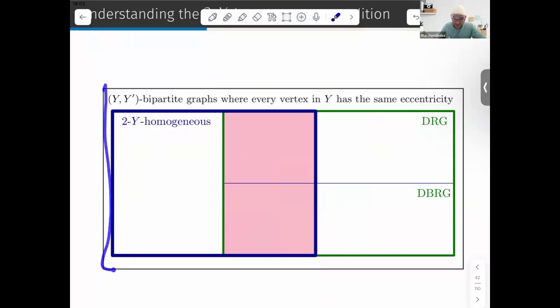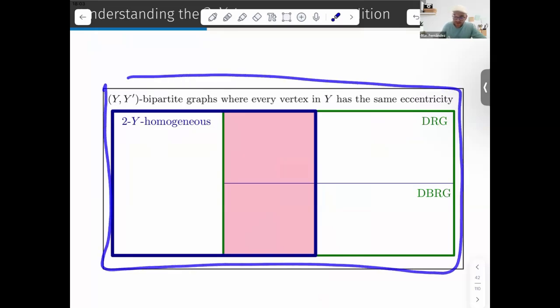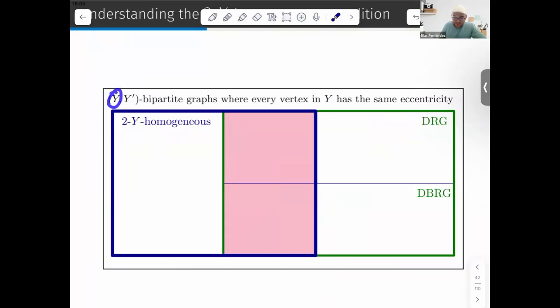We have all graphs which are bipartite, where all vertices in Y have the same eccentricity. Among these graphs, we have all those which are two-way homogeneous. And among them, we have those which are also distance regularized. And we know that such a graph may be either distance regular or distance biregular. So we would now like to start to understand what happens in this red area that we have here.